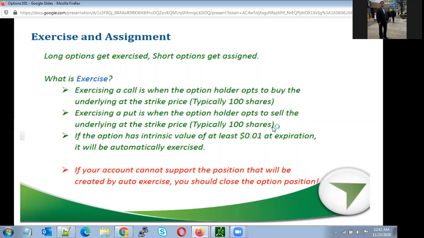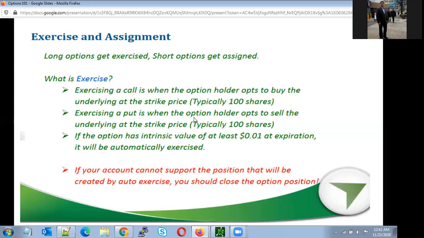So if your stock closes above 1 cent from your strike price, from your contractual price, you will be assigned that stock. If you are a buyer, you will get that stock automatically. If it is under 1 cent, you will not get that stock. So at the end of the day, you have to decide whether you want to hold that option till the end, or get out of the option before it.